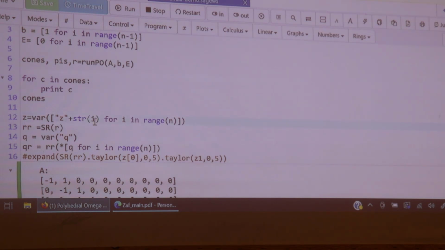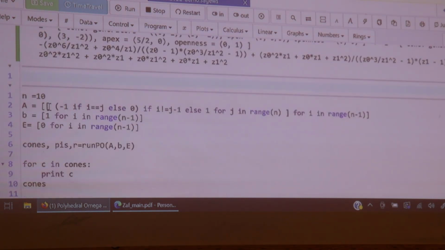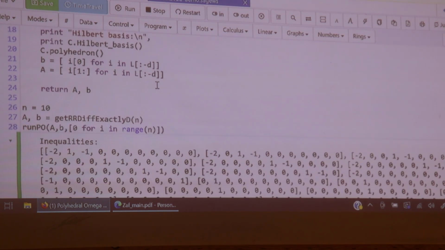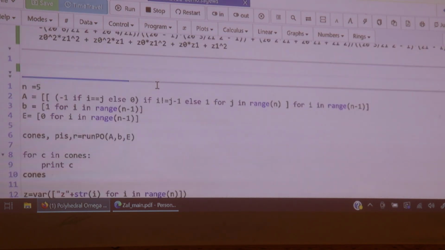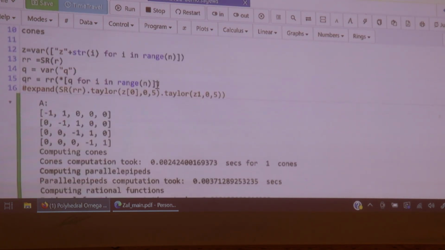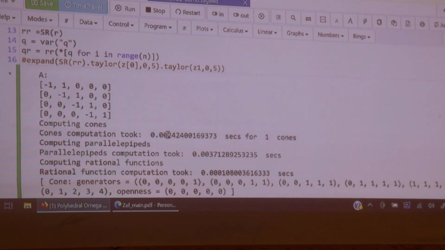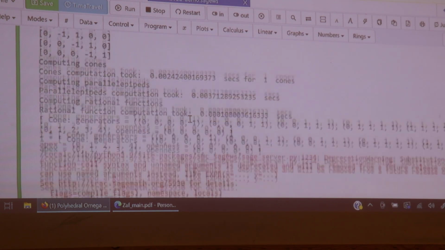Let's do it for n equals 5. This is for 5 parts, right? Yeah, so that will be the matrix, and it takes no time to compute everything.